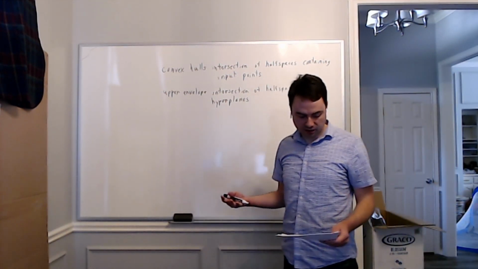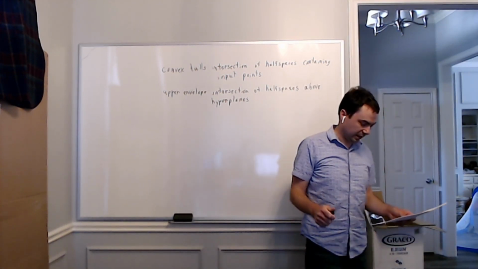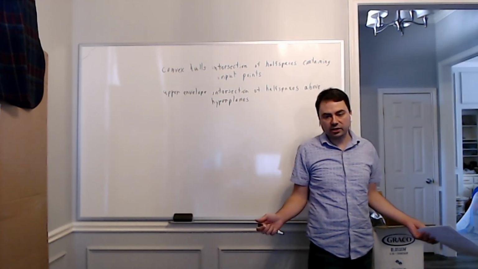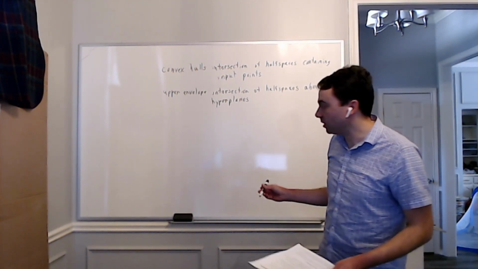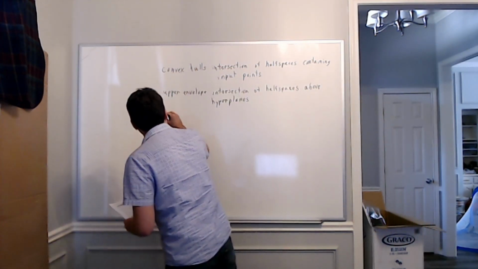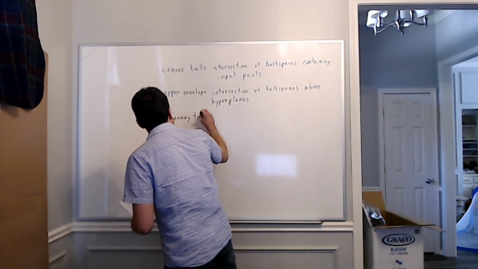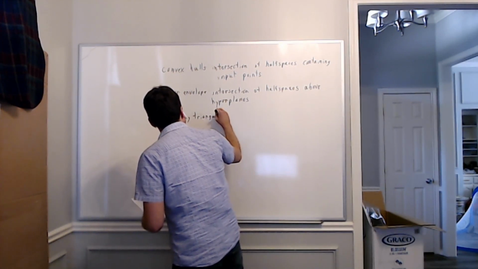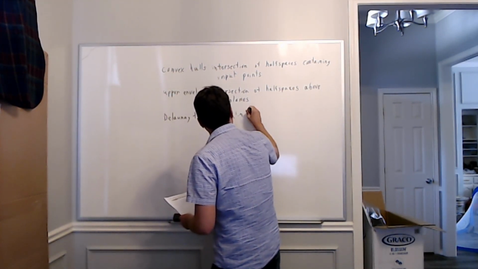Delaunay triangulations are a bit weirder. So if you could do a higher dimensional Delaunay triangulation, instead of triangles, you now have higher dimensional tetrahedra. So let's say in d dimensions.